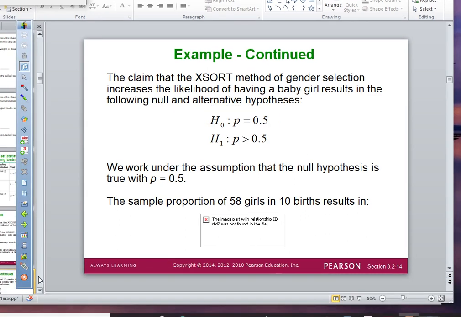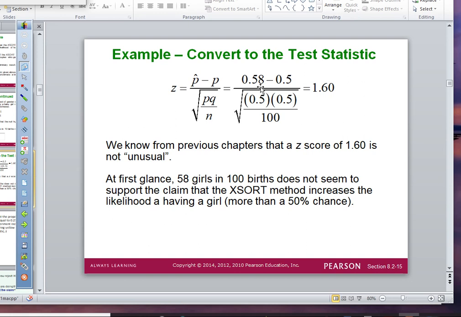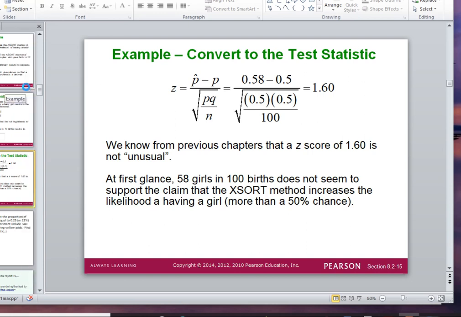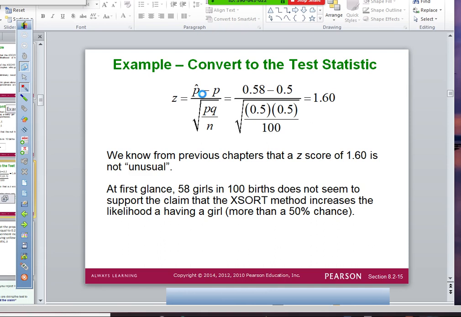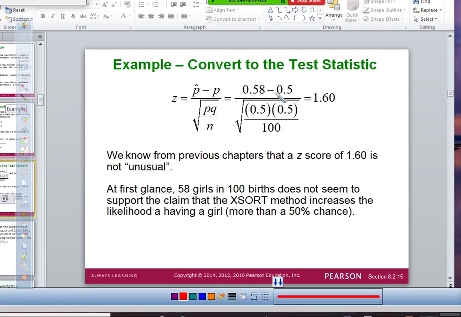It's right here: 0.58, what we got in our sample, our p-hat, minus what we expected to get, 0.5, this is what the population is, divided by the square root of PQ over N. And remember, this PQ, we expect this to be correct, the 0.5. So that's why we're using 0.5 here and here. So 0.5 times 0.5 over N, 100. If you do that, you get 1.6. So that ends up being your test stat, your sample's z-score, how far your sample is from what you expected to get.